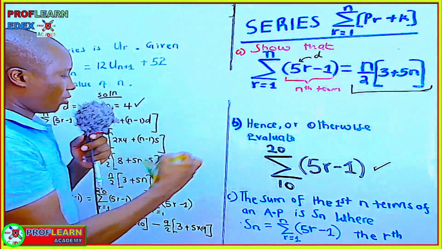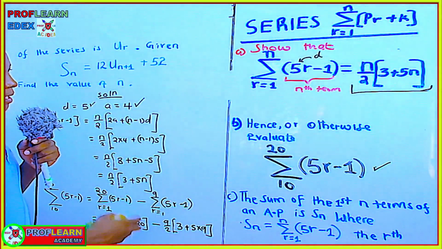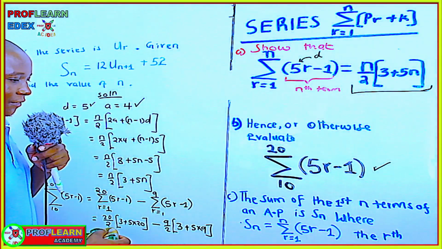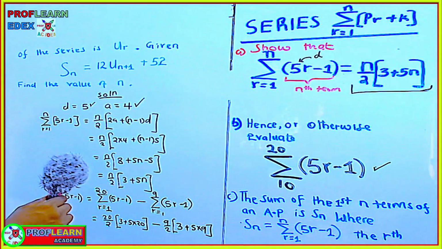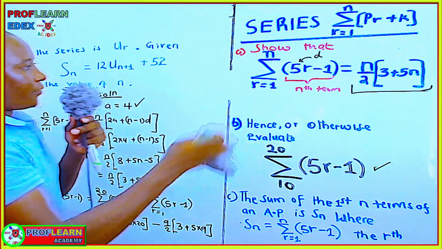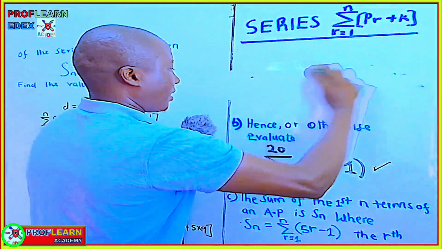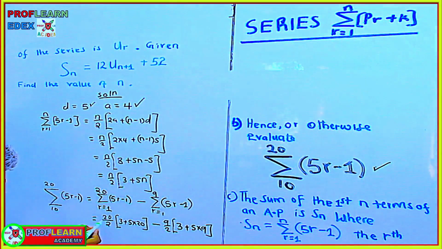I would like to make use of more of this space, so I need some space here so I can erase and make use of that space. If I evaluate this, this becomes 10, and this becomes 103.